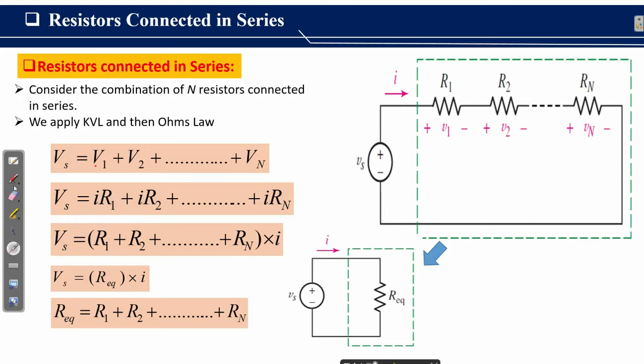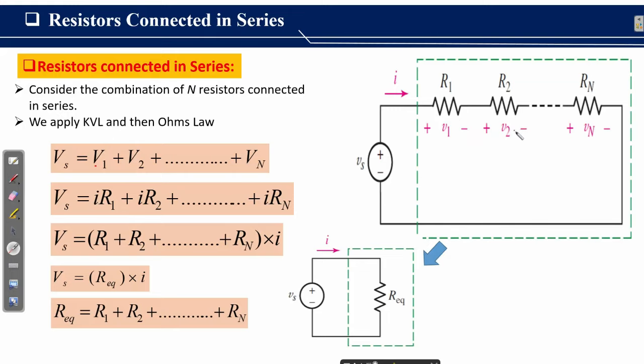Another understanding is that there will be different voltage drops across the resistors R1, R2 and Rn which are connected in series. V1, V2 and Vn are dependent on the values of these resistances R1, R2 and Rn, and there will be the same current I flowing across all the circuit elements, making one closed path like this if we take the clockwise direction.